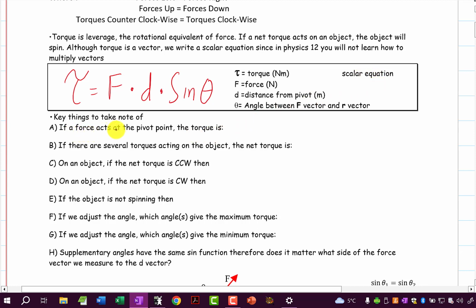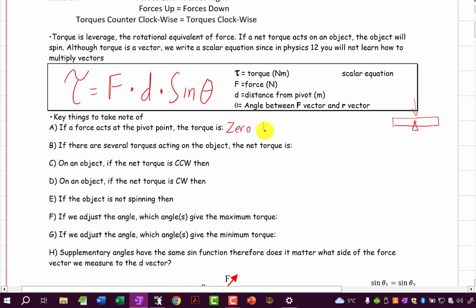If a force acts at the pivot point, so if we have an object and the fulcrum, the pivot point, is right there, and we apply a force at that point, the torque caused by that force is zero.